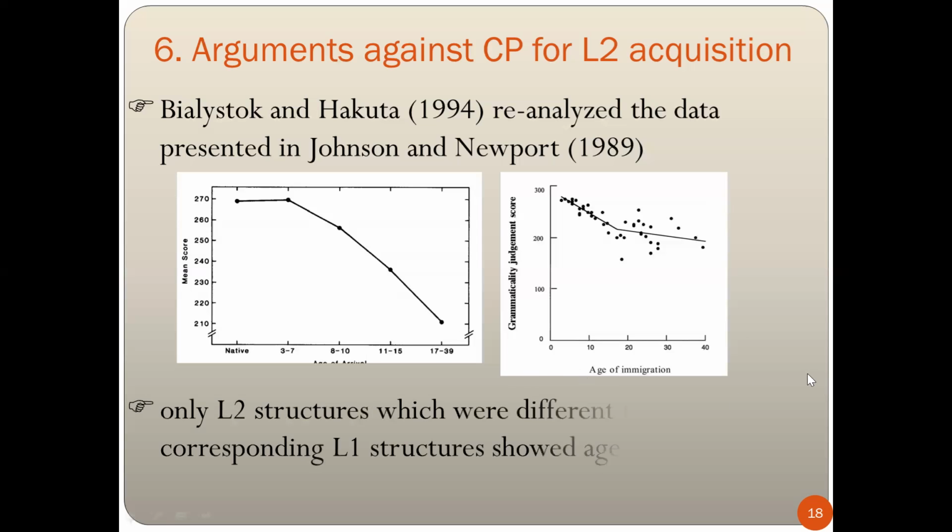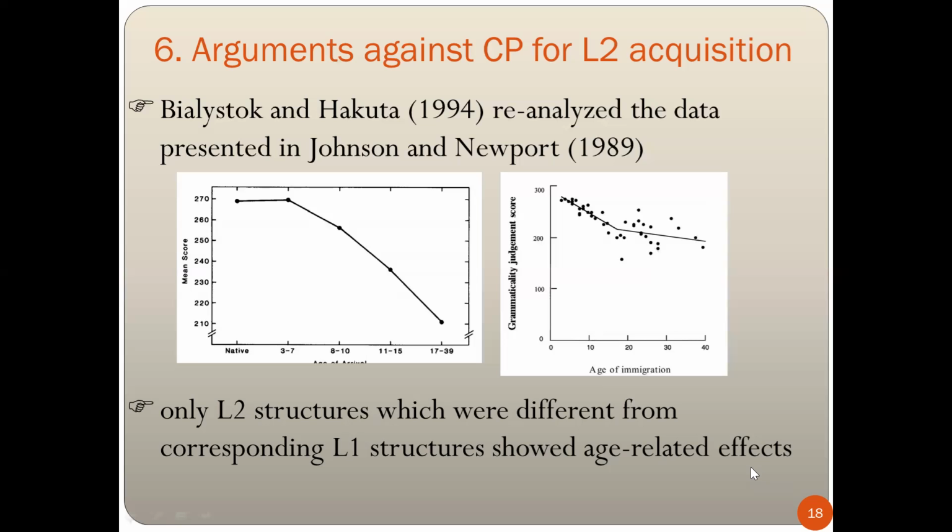And the other notable finding in the study was that not all grammatical structures of the second language were sensitive to these age-related constraints or showed age-related effects.